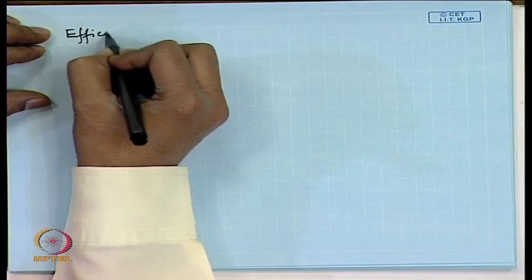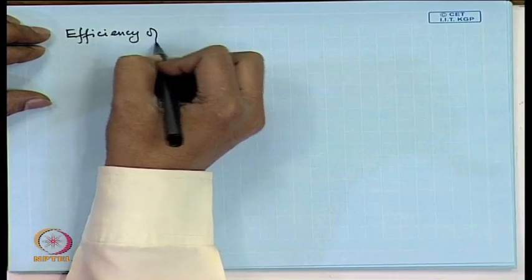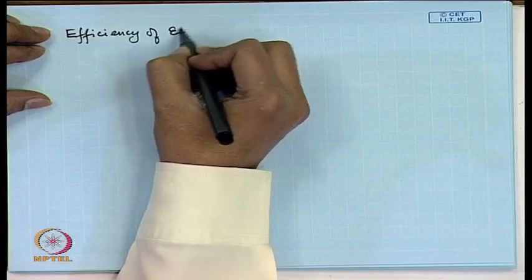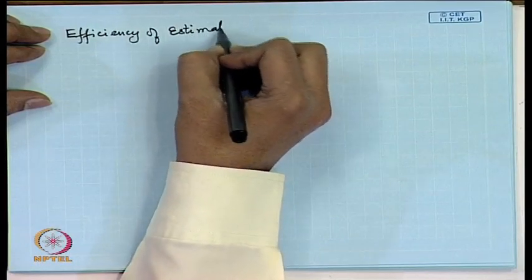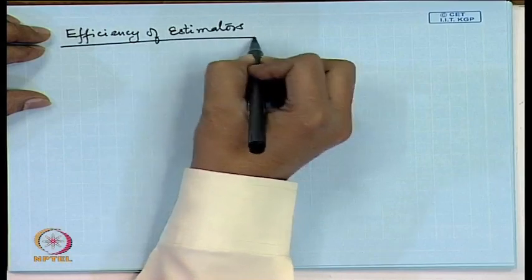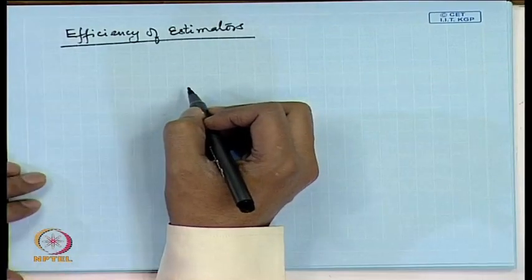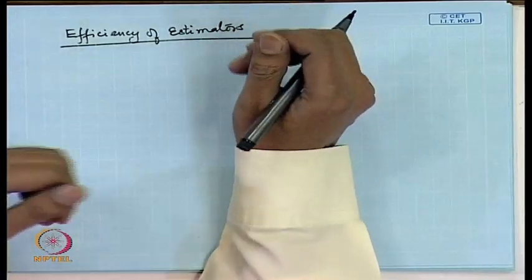So, in that case we introduce the concept of efficiency of estimators. For judging the efficiency of the estimators, we consider something called the expected error.